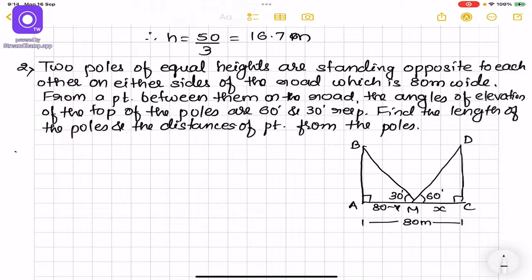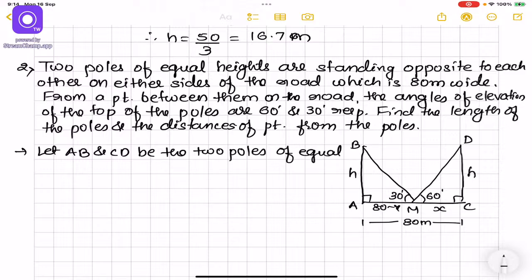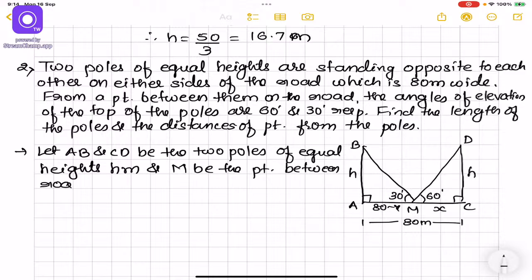So now here I can say let AB and CD be the two poles of equal heights h meter, and M be the point on the road between them, at x meter from point C. Therefore, I can say AM will be 80 minus x meter.